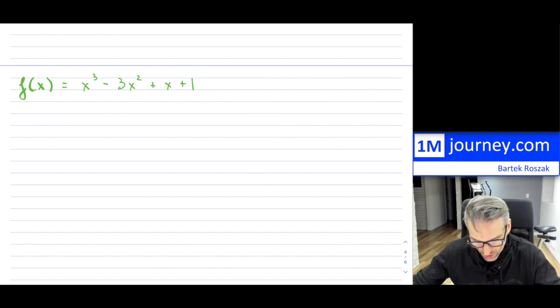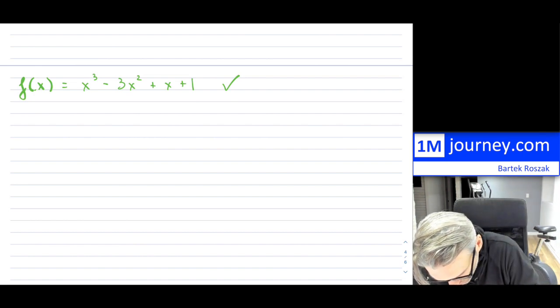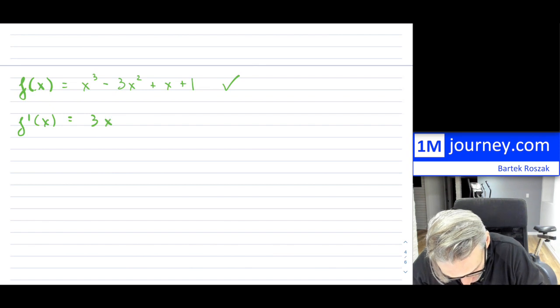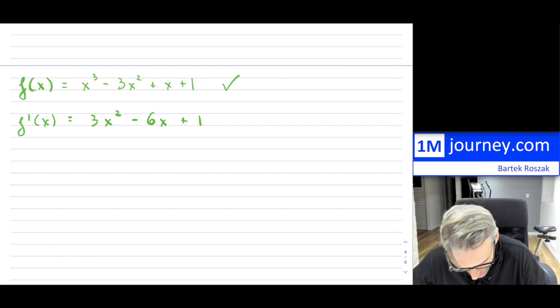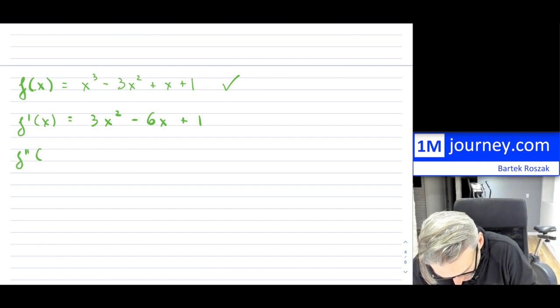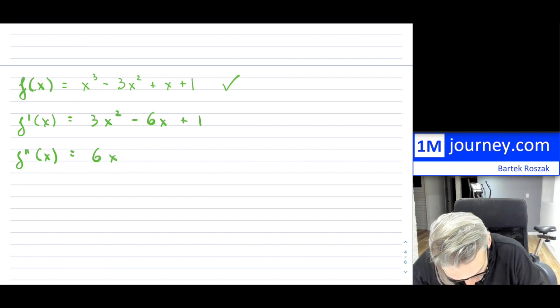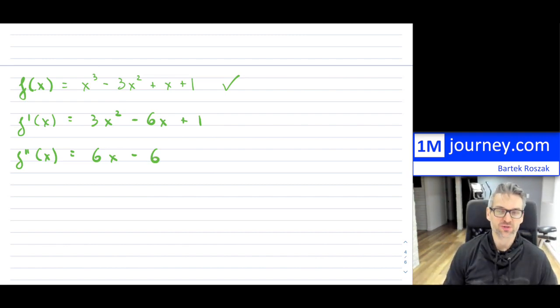All right, so for this example, this is a very well-behaved function. The first derivative is equal to 3x squared minus 6x plus 1. And then my second derivative is equal to 6x minus 6. So the second derivative is going to be easy to solve to see where it is equal to 0.